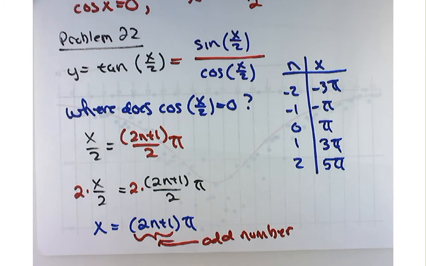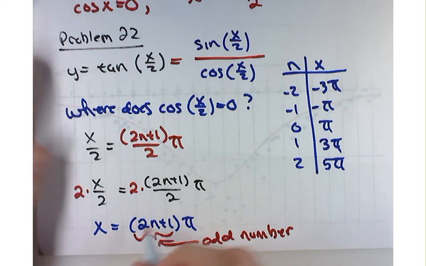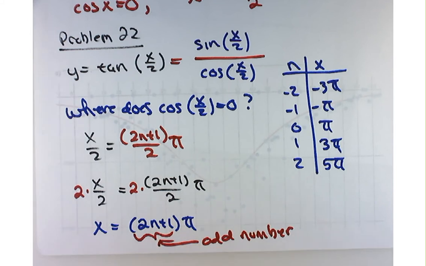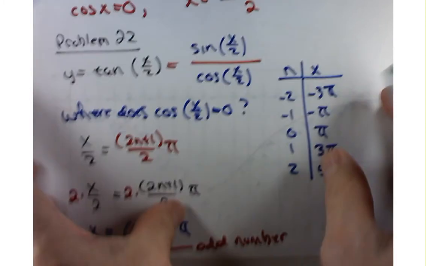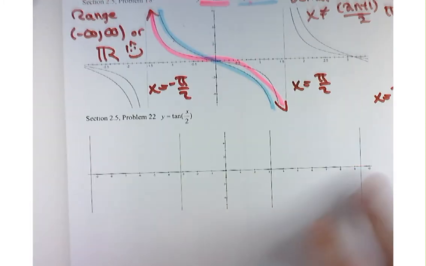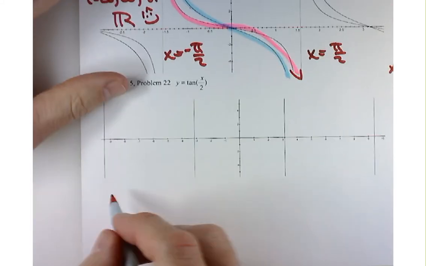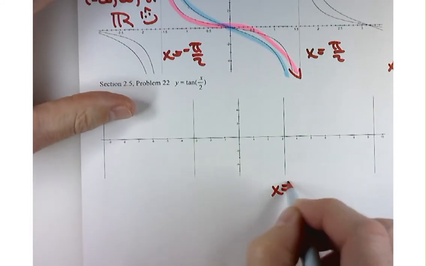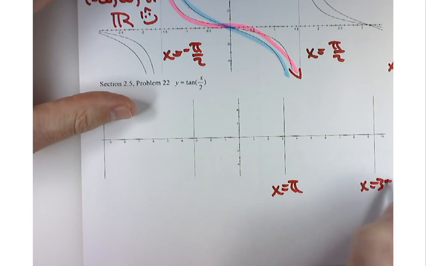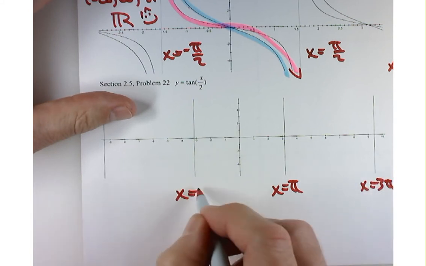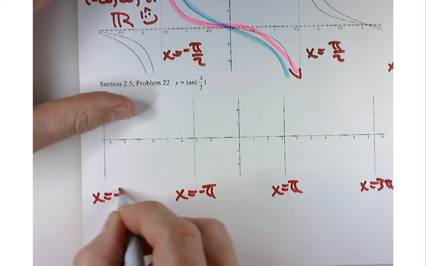So basically what you've got are odd multiples of pi: 1 pi, 3 pi, 5 pi, etc. So that's where you're going to have your vertical asymptotes. The rest of it is drawing the right shape in between those vertical asymptotes. So let's go over to our graph. We can label these asymptotes: x equals pi, x equals 3 pi, x equals negative pi, and x equals negative 3 pi.